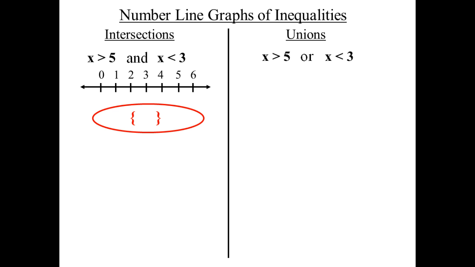What numbers are bigger than 5, greater than 5, and they're also less than 3? 4. I'm just playing. Yeah, it has to be both. So you can see this is a good example of a no solution. How can a number both at the same time be bigger than 5 and less than 3?